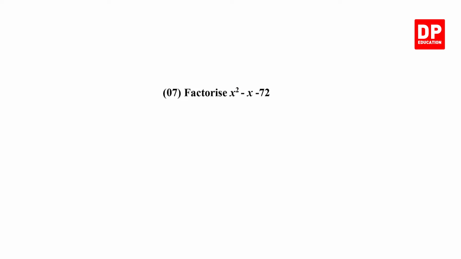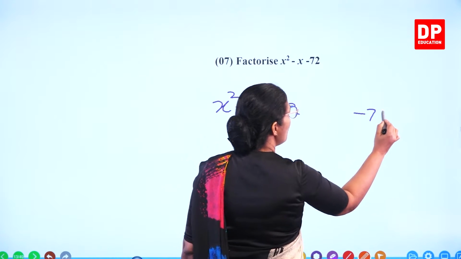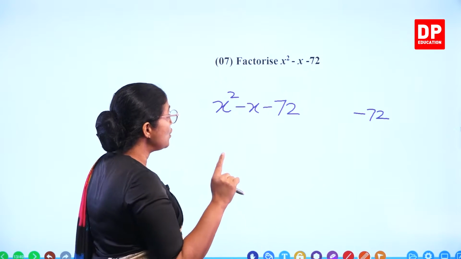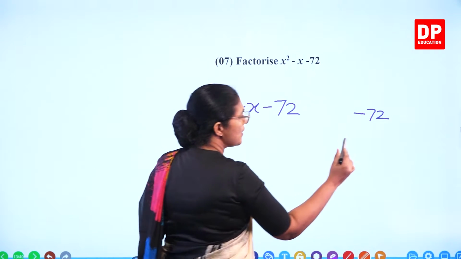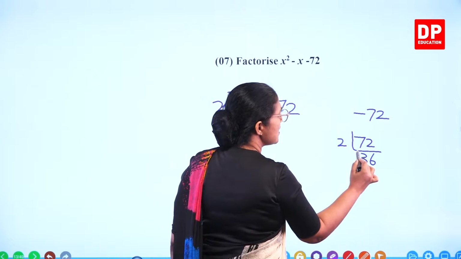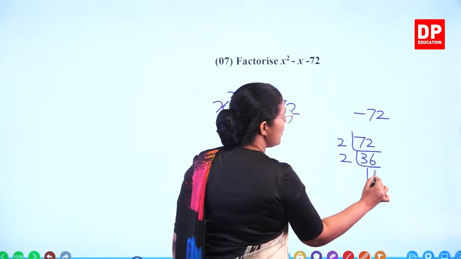Question number 7. Factorize. This is a quadratic expression. How do you find the factors? Find the factors of minus 72. When you add the factors, you need to get minus 1. So what are the factors? 72, you can write as 36 here. Divide by 2, 18.